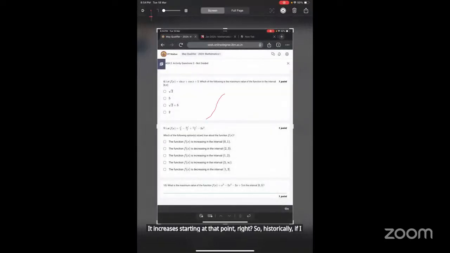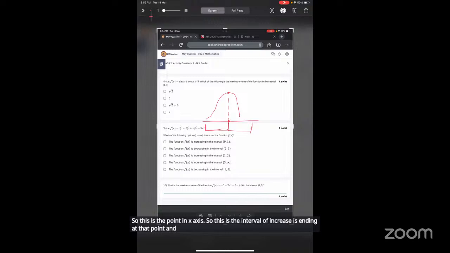So pictorially, if this is a maxima, and this is the point on the x-axis, the interval of increase is ending at that point, and the interval of decrease is starting at that point, right?